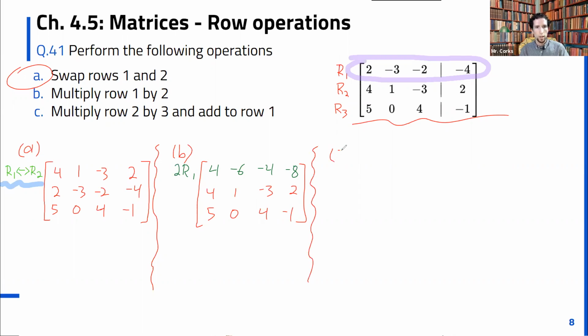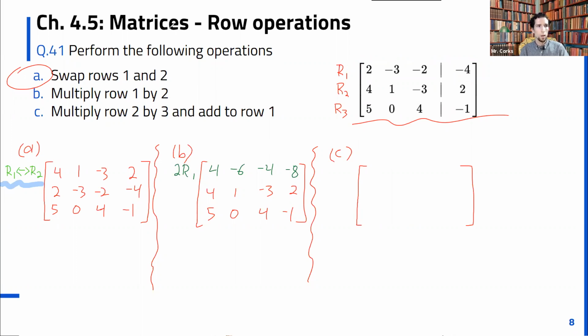All right, and then the more common type of operation that we do with matrices, we will take one row and multiply or divide it by something, and then we will add or subtract that result to another row.